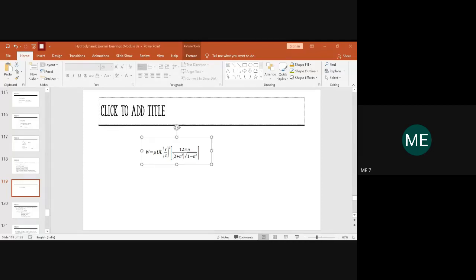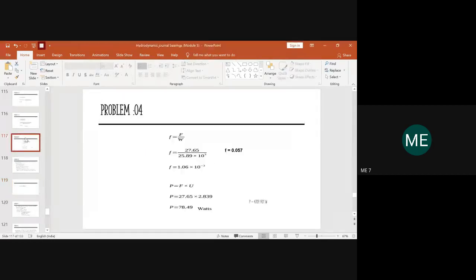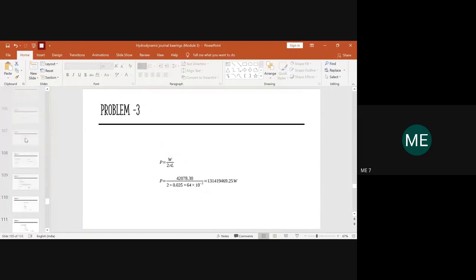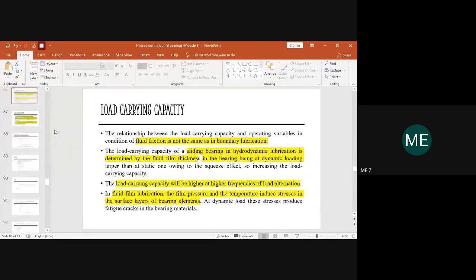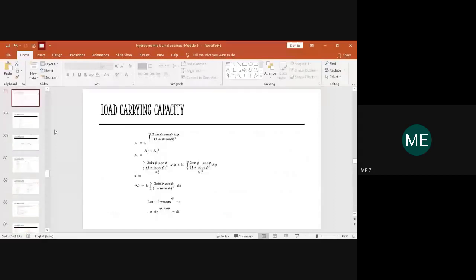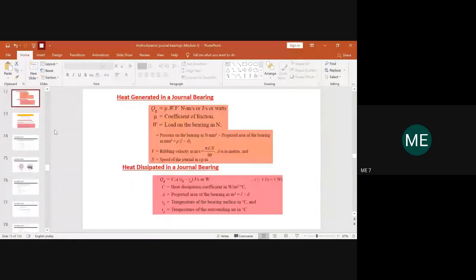Anyone? We had dealt with this previously when dealing with the terminologies. If you go back to the terminologies, you should be able to answer. Anyone in the class?